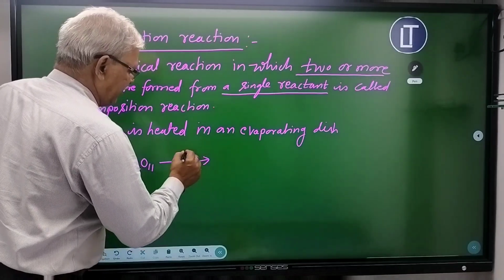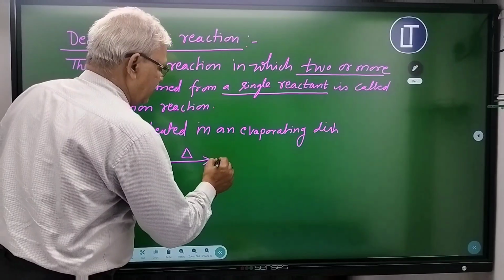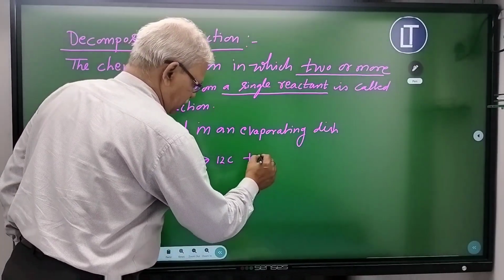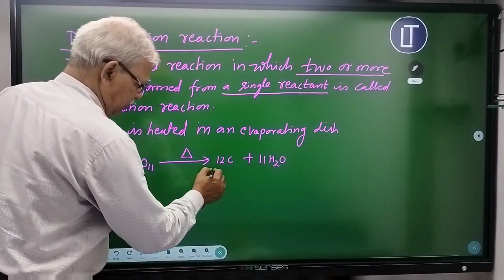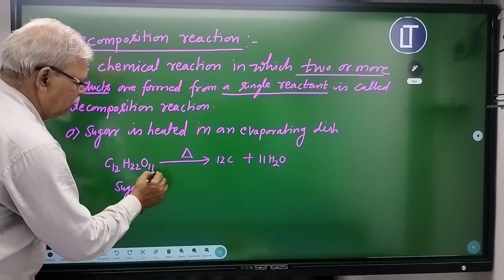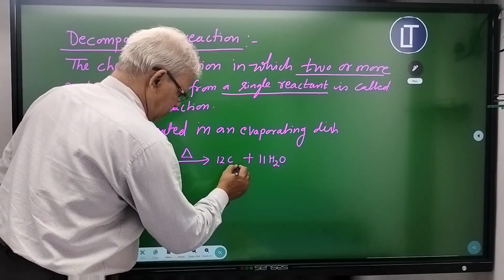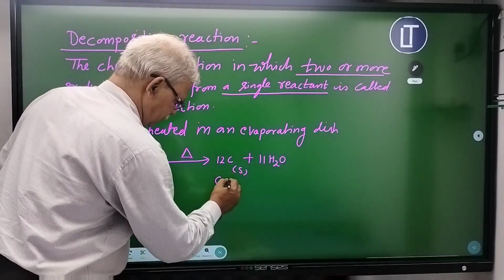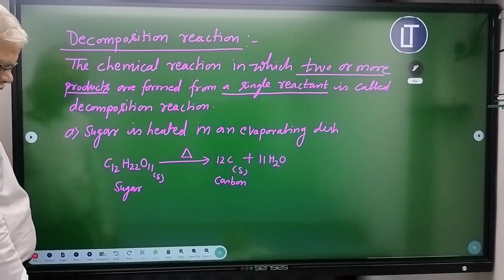It is heated, forming carbon solid residue and water vapor evaporated. Okay, this is sugar solid, here carbon solid, carbon. Okay.